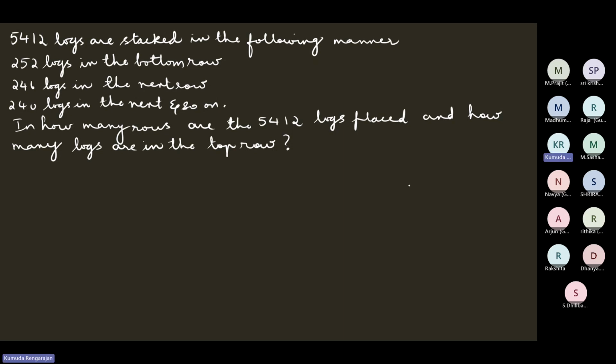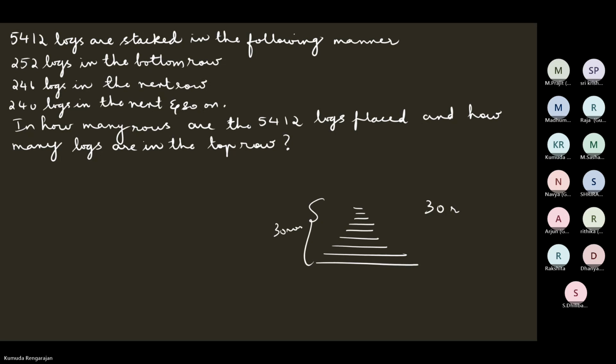Like your answer can be, okay, all these logs are placed in 30 rows, with this as the bottom row and then rows above it. And the other question is, how many logs are there in the top row? You can say there are 2 logs in the top row.